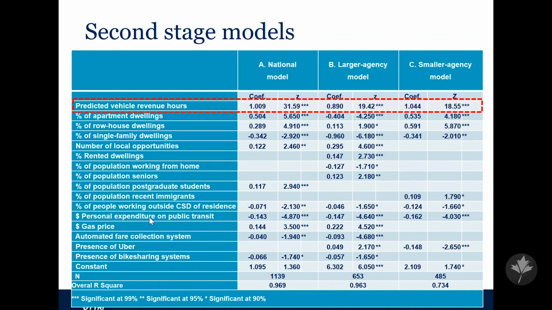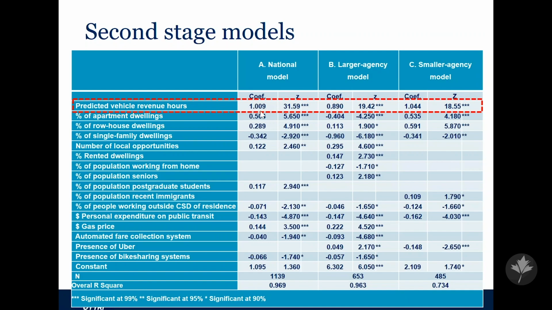The supply variable, which is the vehicle revenue hours that we predicted in the previous model, has been shown to be statistically significant and has a very high coefficient value.